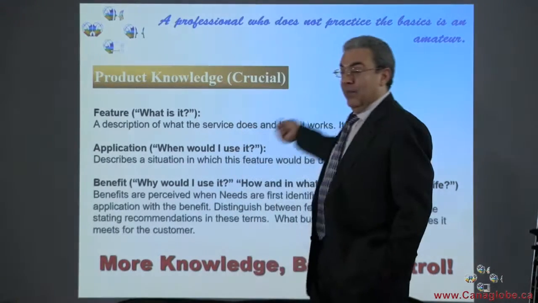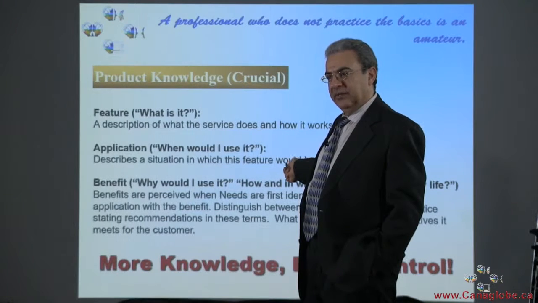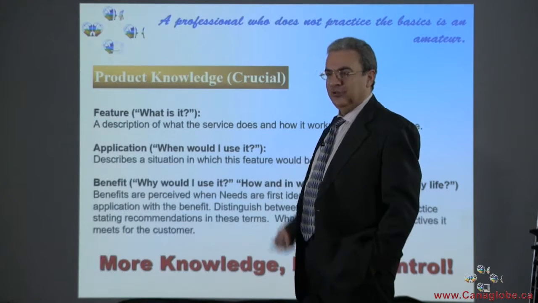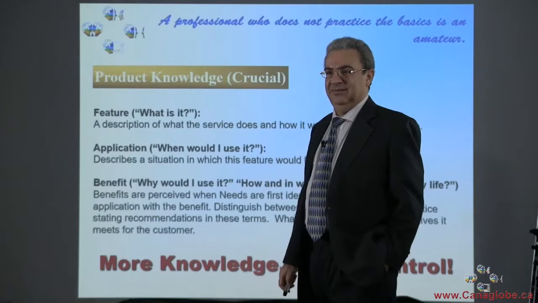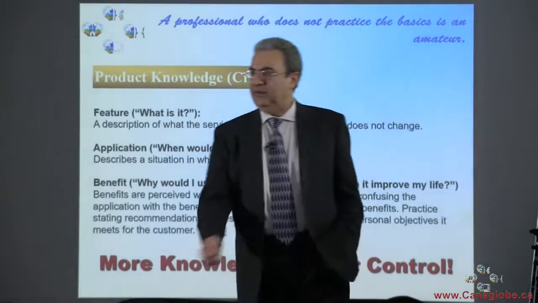Because I did not know the answer about the product I was selling, I lost control of that conversation. And when you lose control of the conversation, you lose the sale. It's very simple.